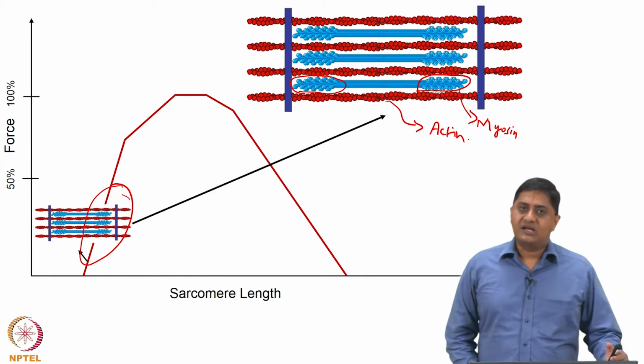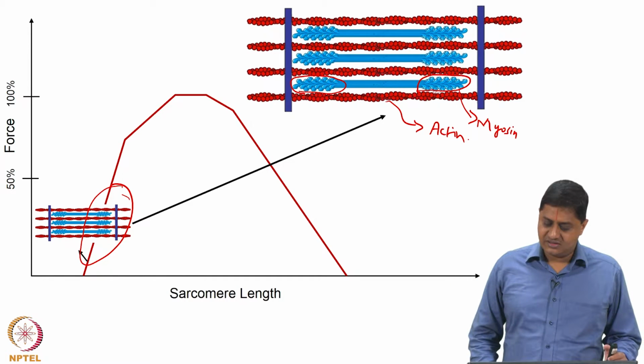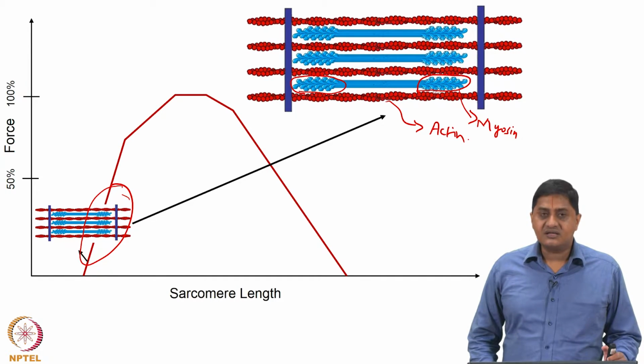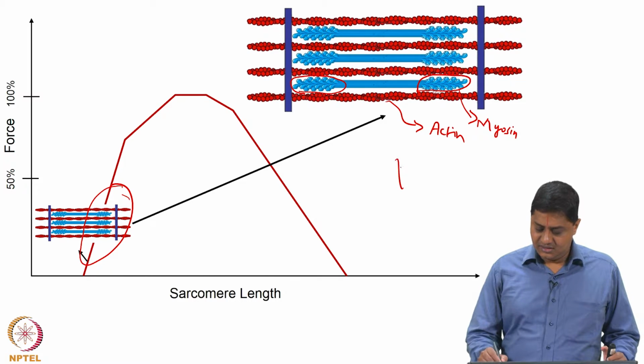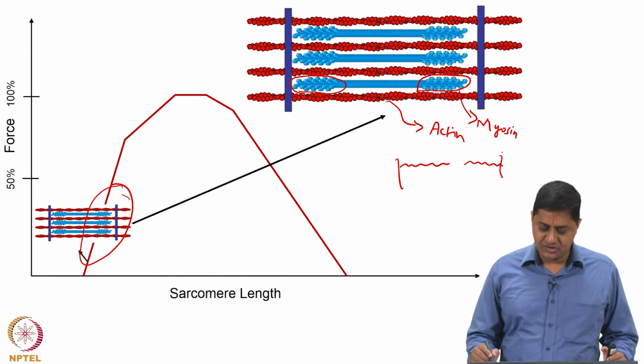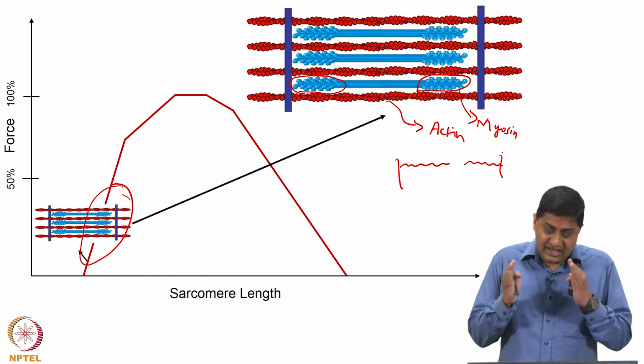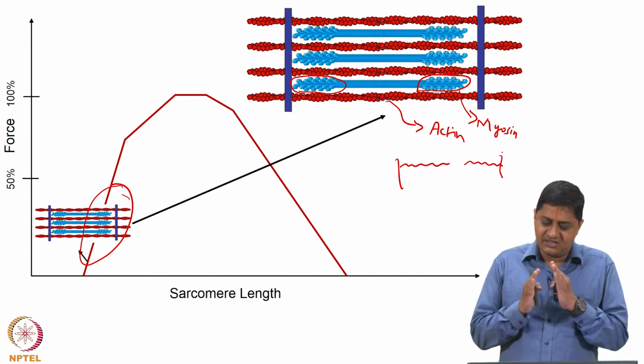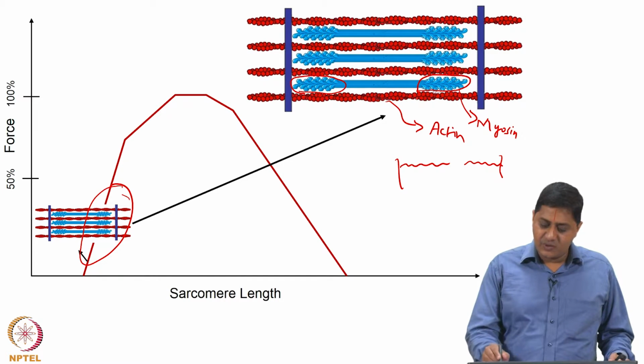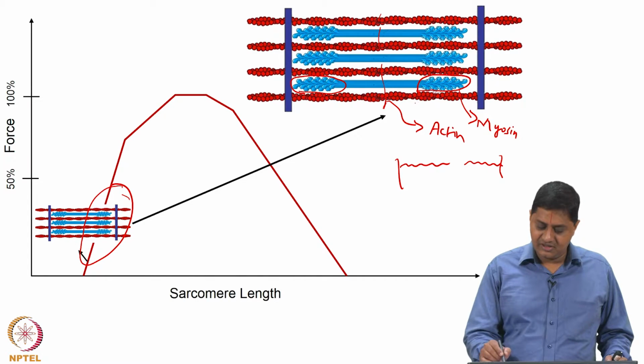In the classic model of the sliding filament theory or the cross bridge theory, we saw that actin is hanging in from one end and hanging in from the other end, and they do not actually touch. But when the length becomes too short, what happens? Actin starts overlapping with each other. Approximately here is the end of one actin filament and the other actin filament, but they both start overlapping, producing an overlap here.